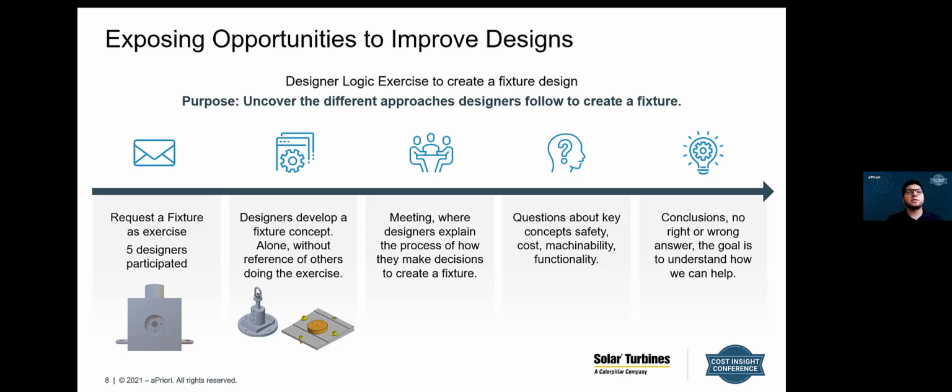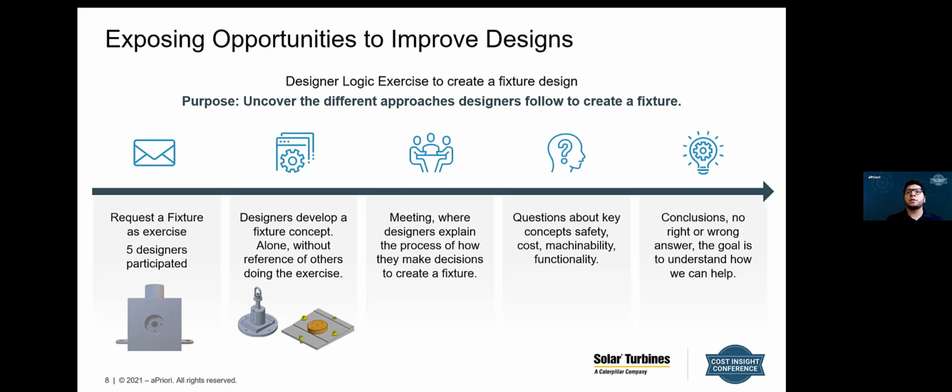So we laid out this exercise with the designers to basically uncover how, depending on the designer that is going to design the tool, he will have different perceptions of how that tool should be made and designed. The exercise is very simple, where there were 5 steps.